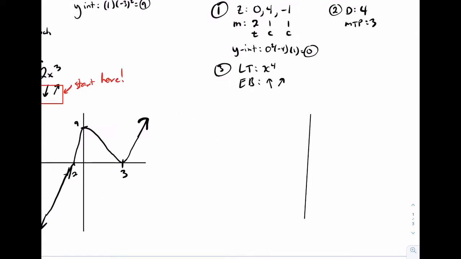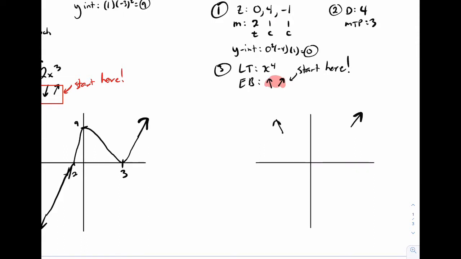So now we sketch. And remember what I said earlier, we start here. Write that down because I really got to hammer that into your head. Start with your end behavior. So I'm going to put my arrows up, here and here. Our zeros are 0, 4, and -1.